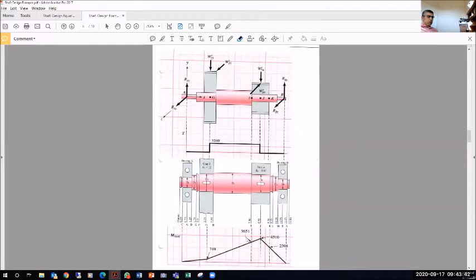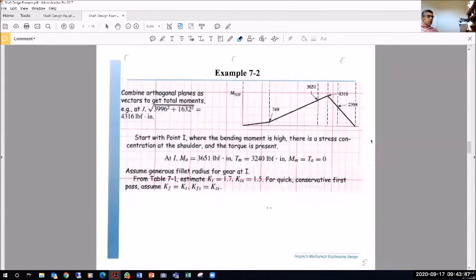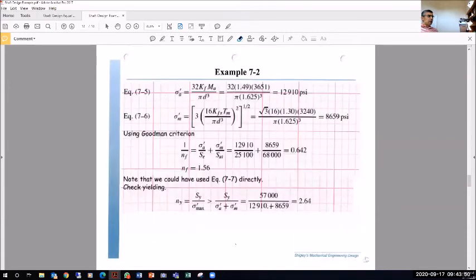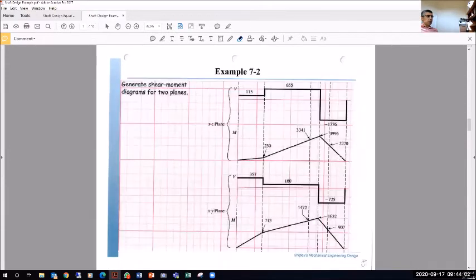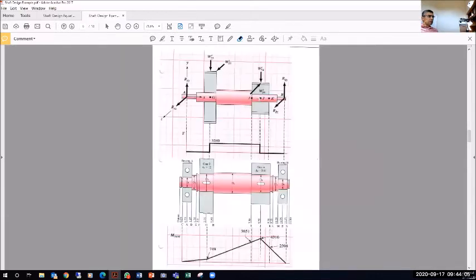So I'm going to move to check the diameter at the end of the keyway, just to the right of point I, and at the groove at point K. Point I to the right of it, where I have the end of the key, is a critical location, and after that, I'll be looking at the groove.